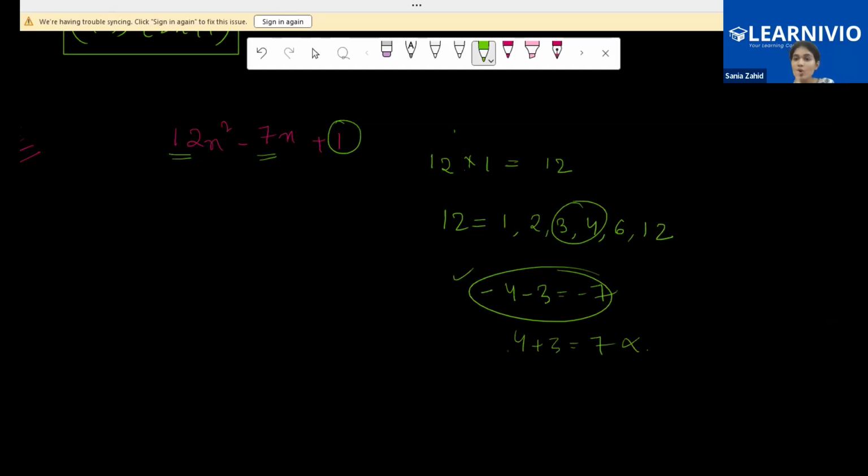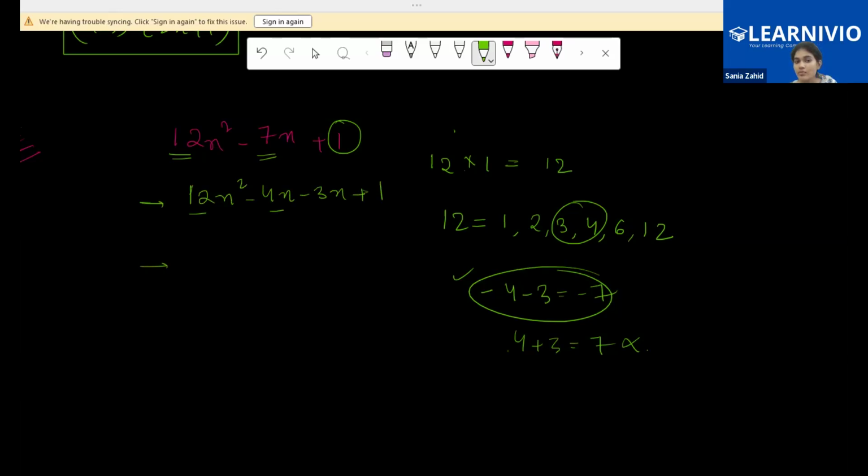So taking the numbers along with the signs is very important. That what sign are you taking on the number? Then 12x square. Now you break down this minus 7x as minus 4x and minus 3x and then plus 1 remains as it is. Do you understand the step? Okay, so from 12 and 4, what is the highest common factor of 12 and 4? HCF.